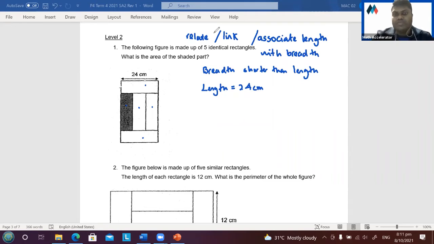So where is the breadth? Here's the breadth, here's the breadth, here's the breadth, and here's the breadth. Now if you look inside the diagram, this is the breadth, this is the breadth, and this is the breadth. Okay, so please write this down inside here: 3 breadth.